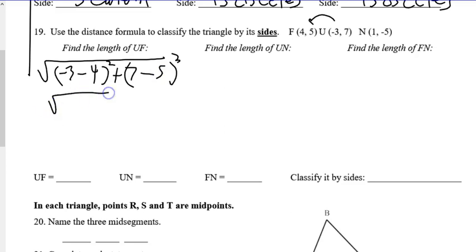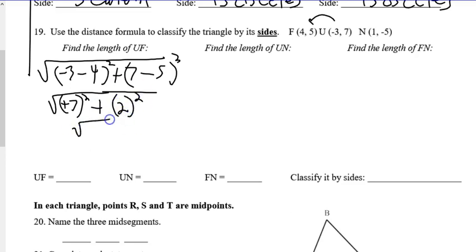Now, this is -7 squared. Put in parentheses or just put 7 squared because it's going to end up being positive anyway. -7 squared is the same as 7 squared. So if you want to just write 7 squared as a cheat, it's better than getting -49. Because when you type it in the calculator and it tells you -49, you should know better than to write that. Then 7 minus 5 is 2 squared.